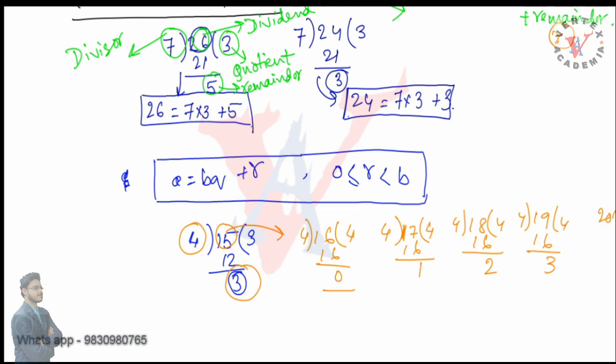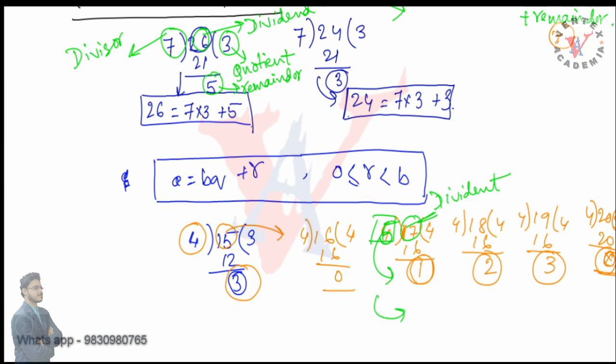And if it is 20, it gets completely divided. 4 5s are 20 and the remainder is 0. So you see the remainders are 1, 2, 3, 0 and these get repeated. If instead of 4 it had been 5, then on varying the dividend we would get remainders which vary between 0 and 4.